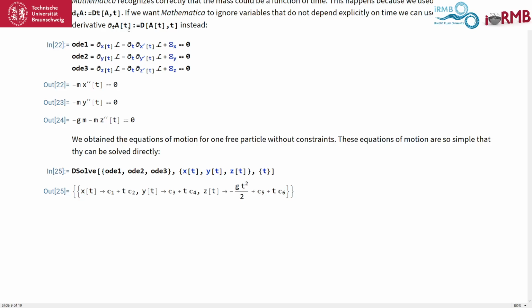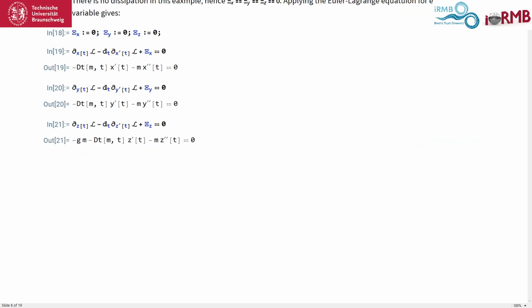So now this can be annoying. The thing that we see here is that it correctly assumed that m could be a function of time. So this is kind of annoying for us because we usually assume that m is not a function of time, but it could be.